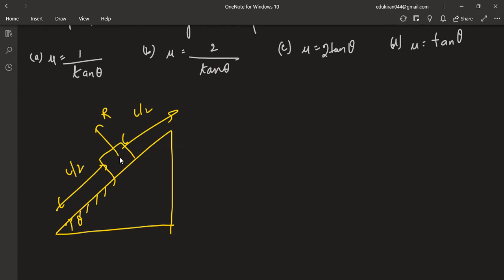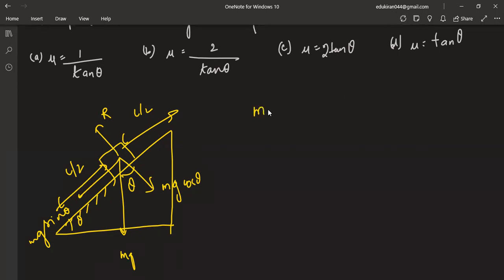Again, the mg force will be acting downwards. Here, this will be theta. So this becomes mg cos theta, and this is going to be mg sin theta. The block is stationary.